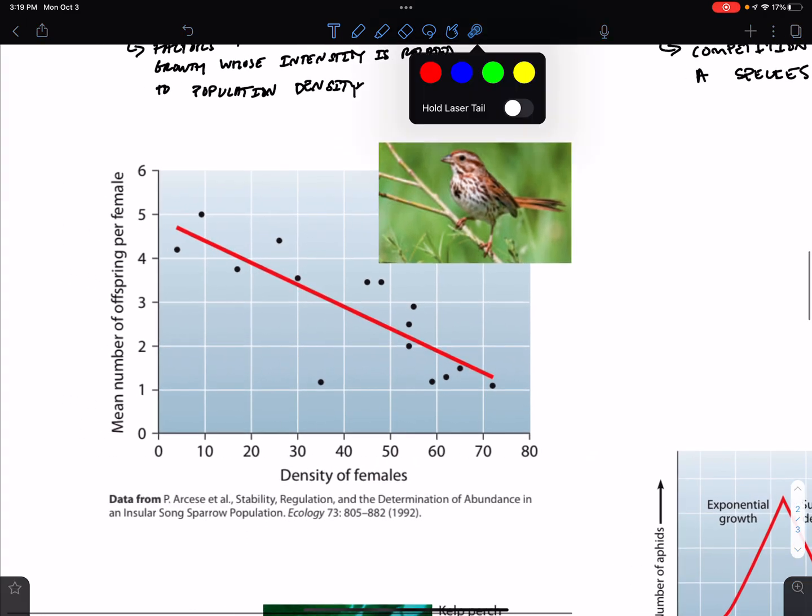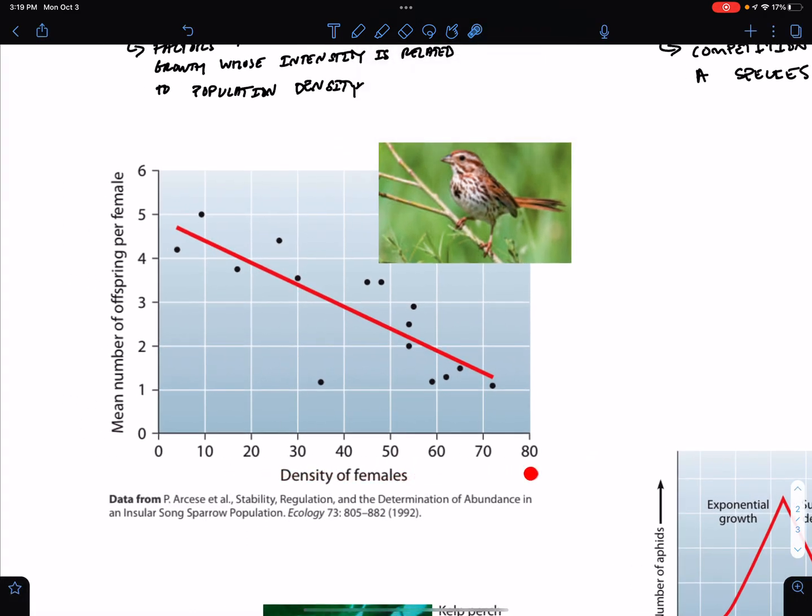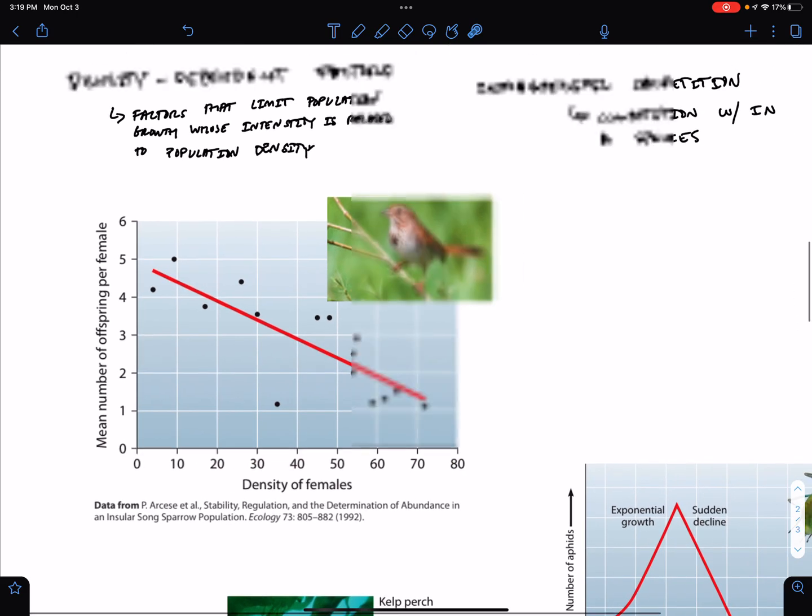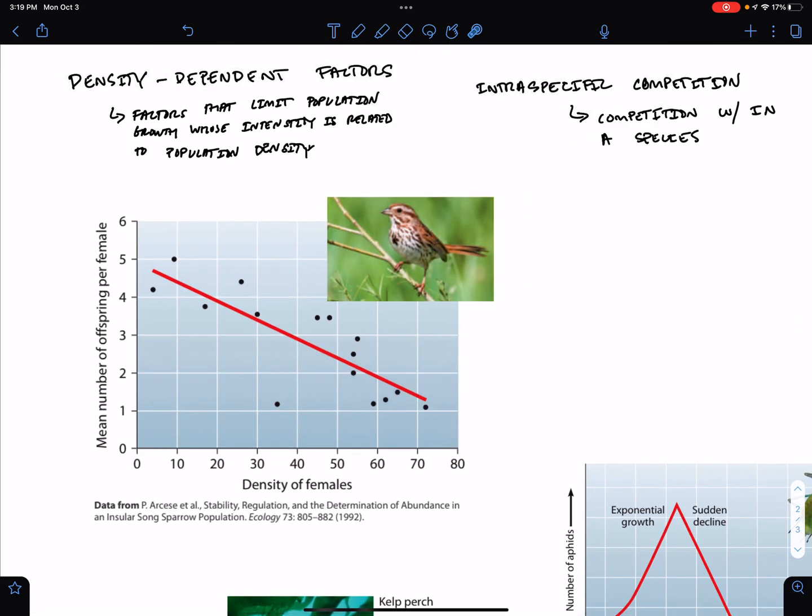These graphs are showing you on the x-axis, we have the density of females of the, I think, is this a song sparrow? Yeah, song sparrow population. So you'll see as the density of females increases, the mean number of offspring per female decreases. So the number of eggs that a song sparrow will lay will decrease depending on how many other females are around.